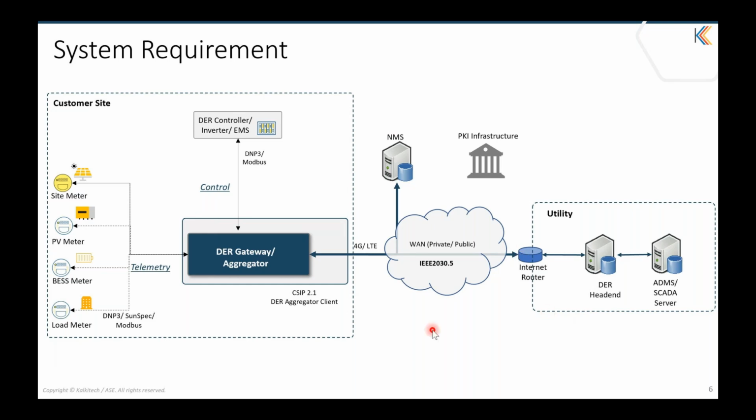And it also mandates a PKI infrastructure to manage the certificates for the communications. A SunSpec approved PKI provider can be used as the PKI infrastructure, so you can have the certificate from the approved vendors, or as per the utility preference, the utility can also host their own CA, and those certificates can be used for the communication for 2030.5.